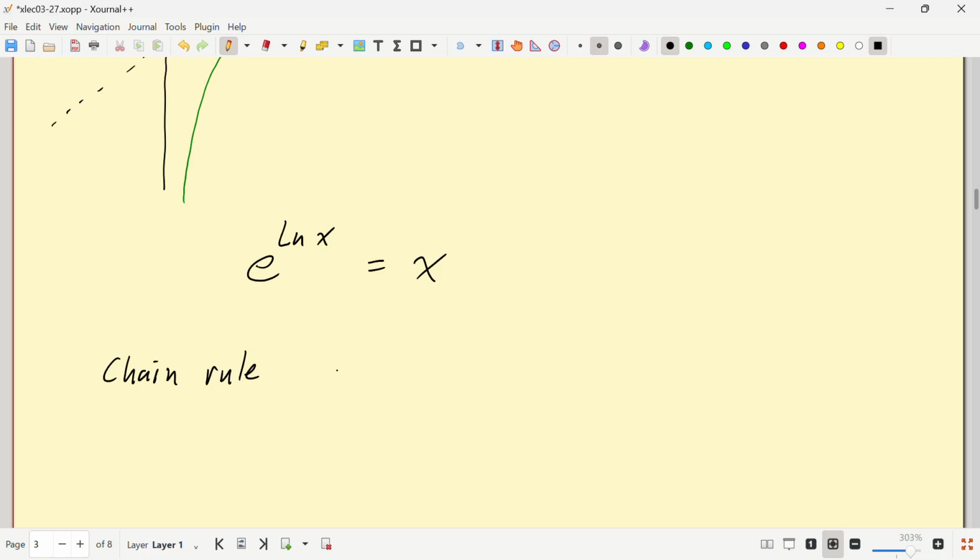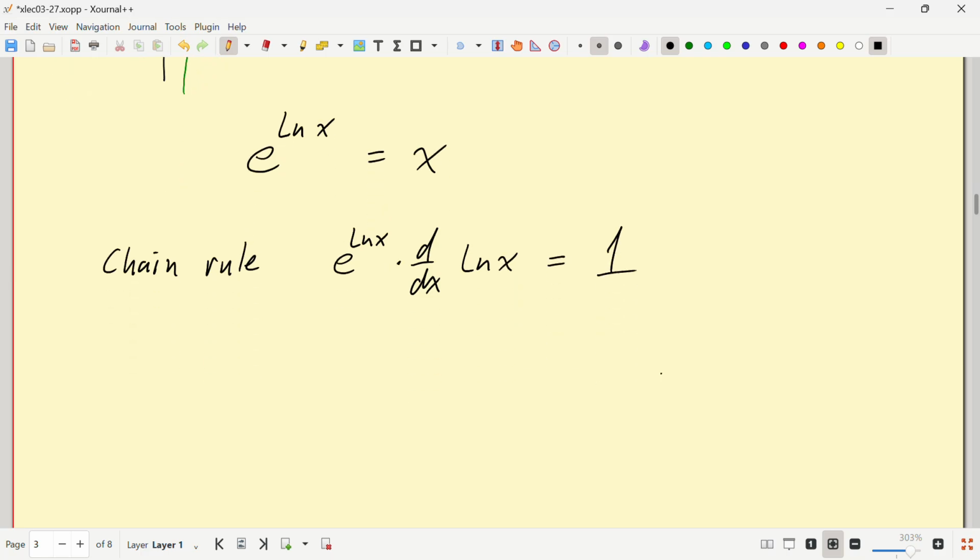So the chain rule would say this is e to the log x times d by dx of log x equals 1. And so we see that d by dx of log of x is 1 over e to the log of x, which is 1 over x. Famous formula you know from freshman calculus.